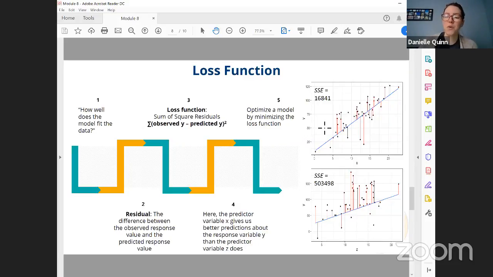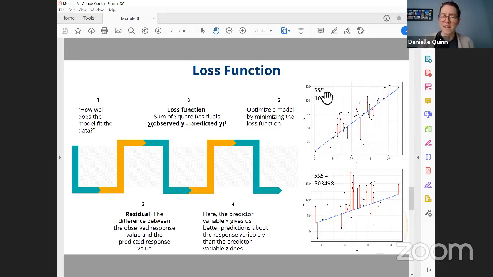And this is really helpful when we are using, say, two different predictors and we're trying to figure out which one we should actually be using. So for example, in this figure, on the top figure, we are using x to predict y, and we're looking at our sum of squared residuals or sum of squared errors.